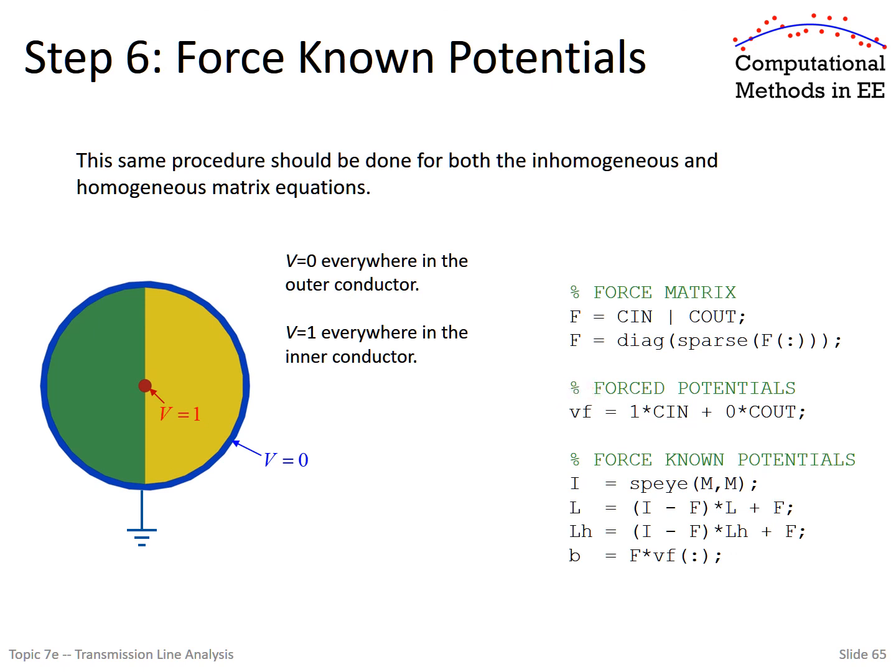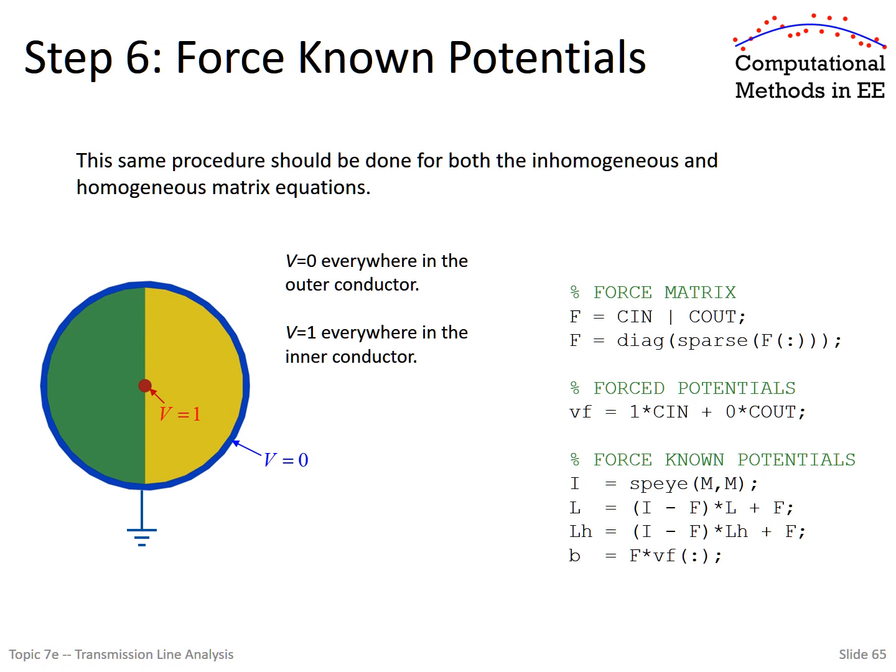Remember, this one is zeros everywhere, except where there's metals, it's the voltage that we're forcing the metal to. So the inner conductor, I multiply by 1 because I want to force that to 1 volt. And the outer conductor, I multiply by 0 because I want to apply 0 volts to it. Now, technically speaking, I don't have to do this because it's already zeros. I just like to write that so I can visually see, okay, I'm applying 1 volt to the inner conductor, 0 volt to the outer conductor, and I can make sure that overall between the two conductors there's 1 volt.